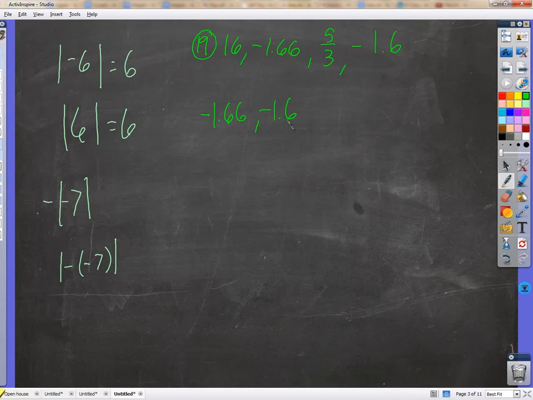Thirds would just be 1 whole and 2/3. Yeah, 5/3 is just 1 and 2/3, and 16 is a lot bigger than that. So let's leave it as 5/3. Then 16.